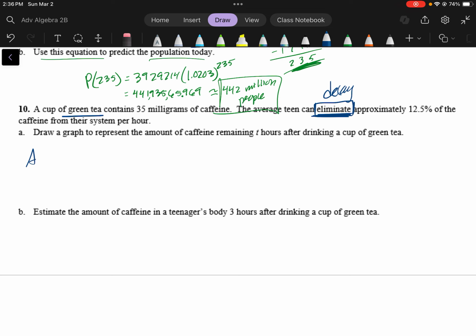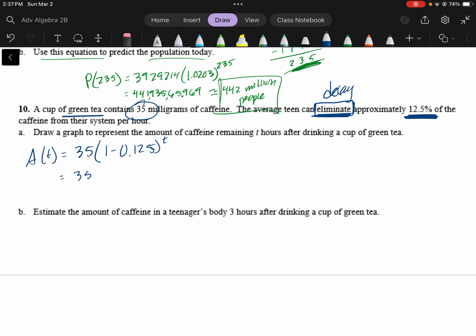So our equation is going to be A of T, the amount of T, oh, that was a pun, after T hours equals 35, because that's our starting point, right? We're starting with 35 milligrams, and then we're going to do 1 minus, and then always put this percentage as a decimal, so 1 minus 0.125 raised to the T hours.